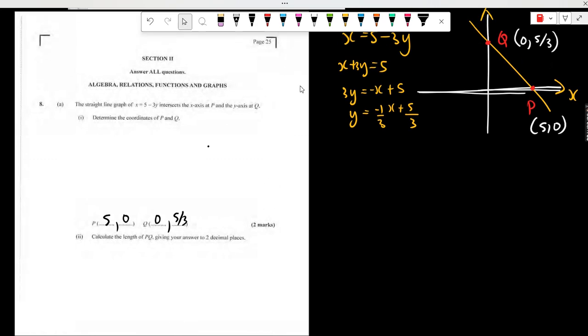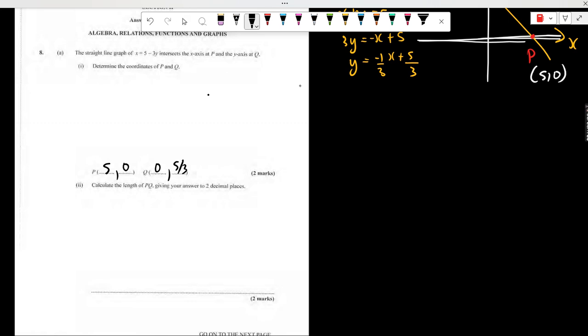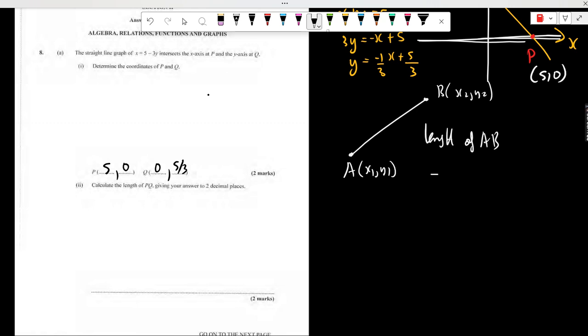This is basically asking us to find the length of the line. You have to remember that if you have a line joining the points A, which is (x1, y1), and B, which is (x2, y2), then the length of AB is given by the square root of (x2 minus x1) squared plus (y2 minus y1) squared.